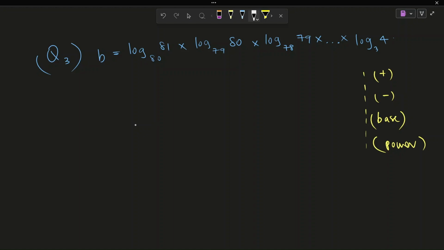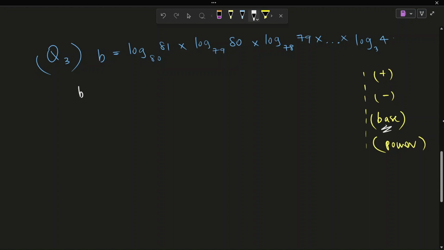Now, you're going to have to ask yourself one question before you dive into this question. Are the bases the same? No. What do you do then? Base change rule. So now, you're going to remember your rule and you're going to change all of the logarithmic notations into a common base. Let's choose 10, the base 10.